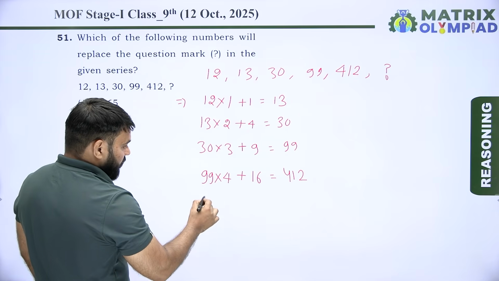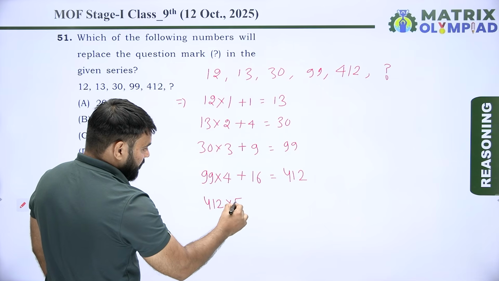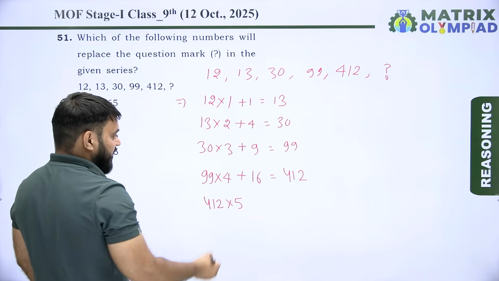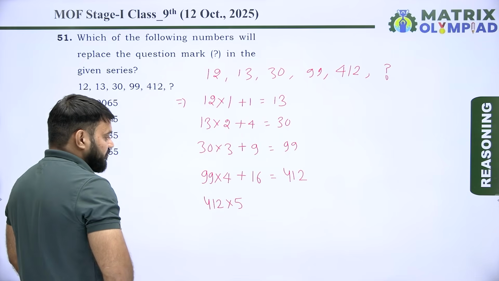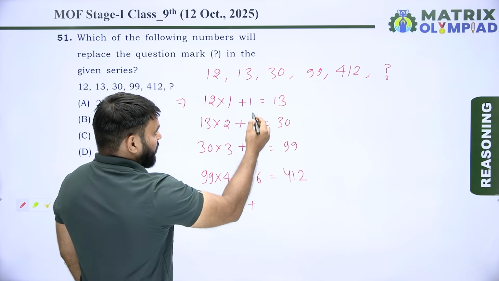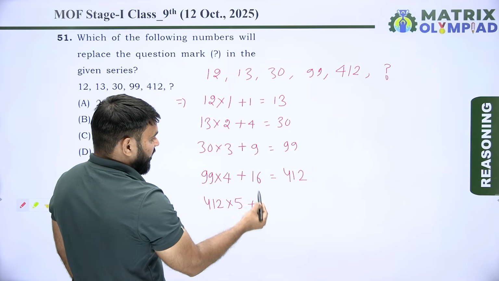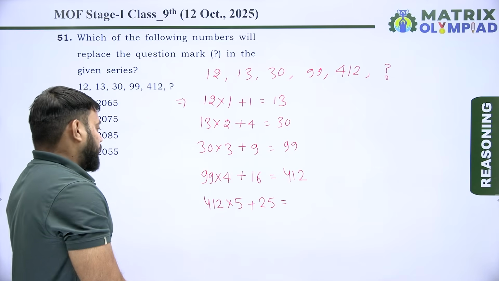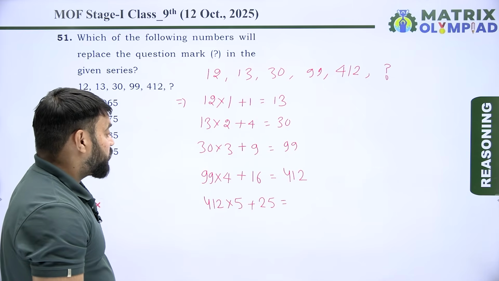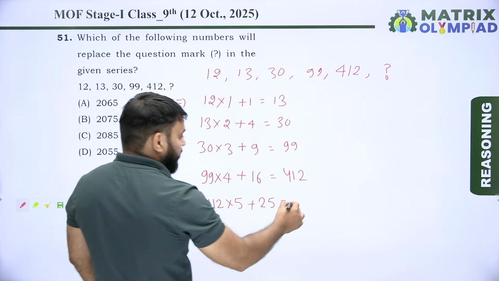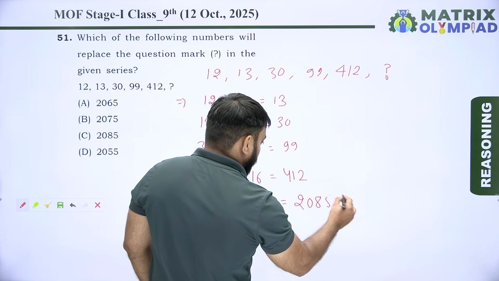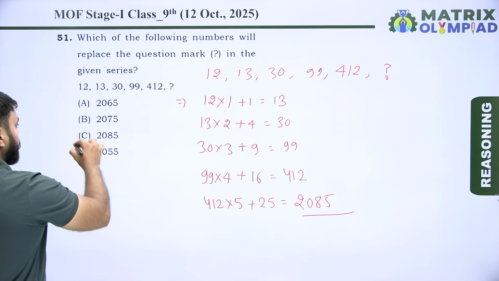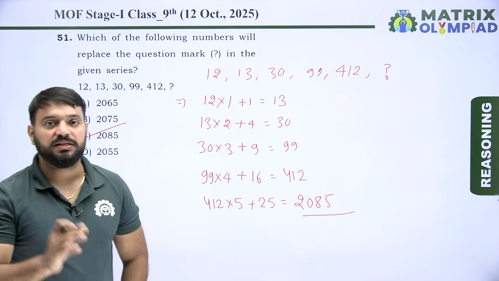Now similarly, 412 multiplied by 5, because first multiply by 1, then by 2, then by 3, next by 4, and next by 5, plus 1 square plus 2 square plus 3 square plus 4 square, now plus 5 square, which is 25. 412 multiplied by 5 is 2060, plus 25 is 2085. 2085 is the next number of the given number series. So here option C is the correct answer of this question.